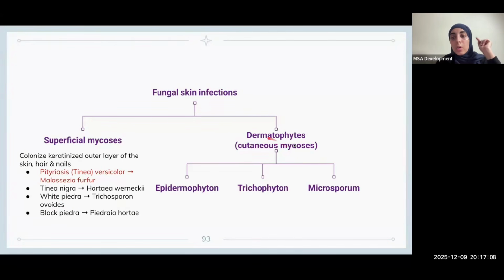Now, we divide the dermatophytes into three categories. These are the three different fungi that fall under the same group of dermatophytes, which are epidermophyton, trichophyton, and microsporum. So, this is the general classification. Now we'll go more into the details of these.